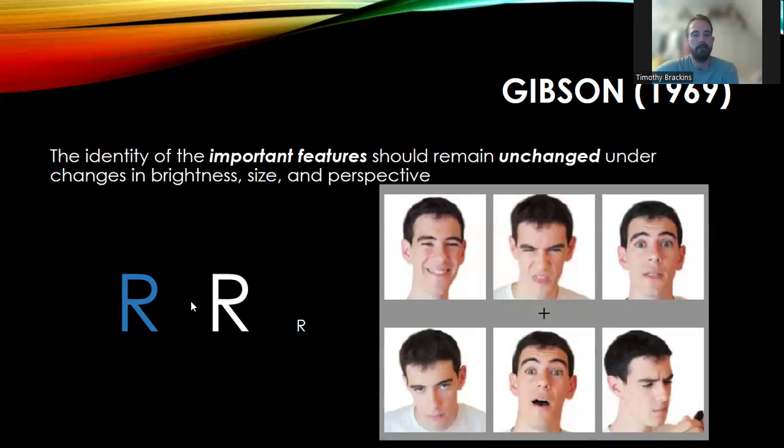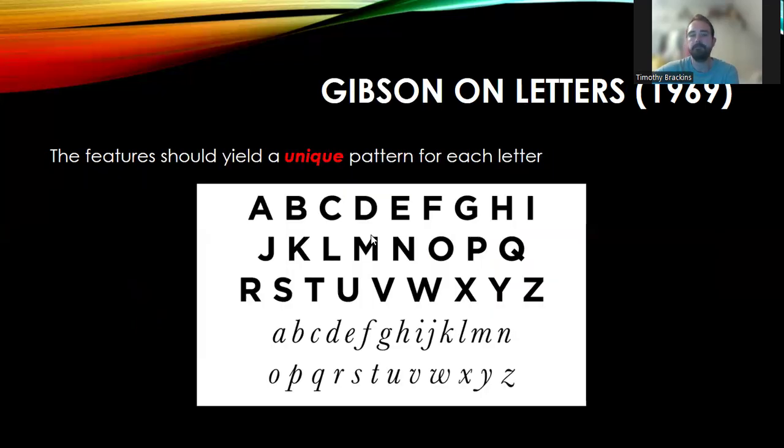So in our R, we have different colors, different sizes, but the critical features are still there and still the same. Same thing with a face. Even though the face is changing what it looks like, the critical features are all still there. And also, each critical feature must yield a unique pattern.